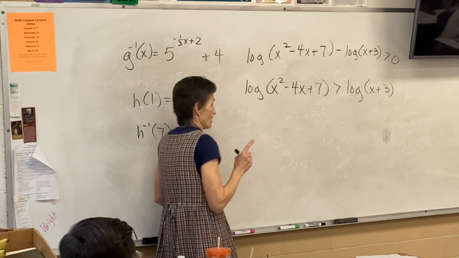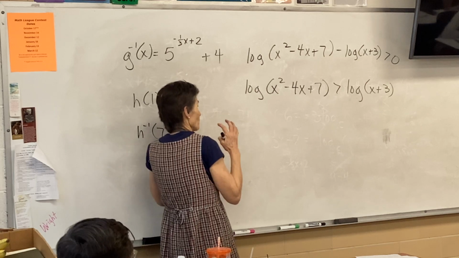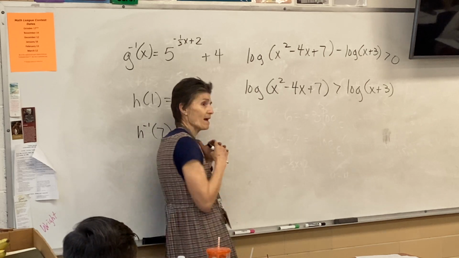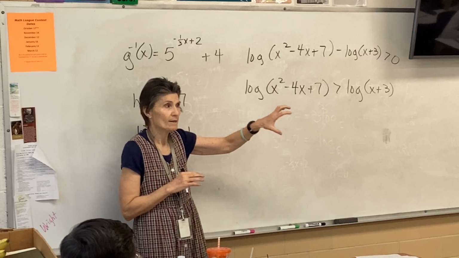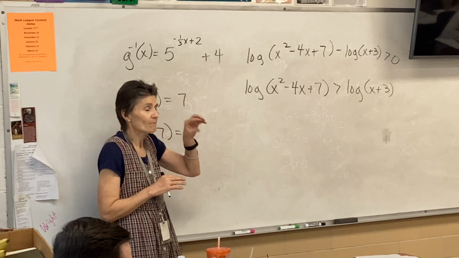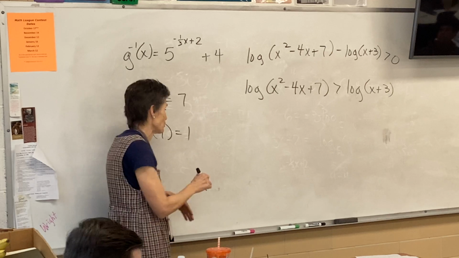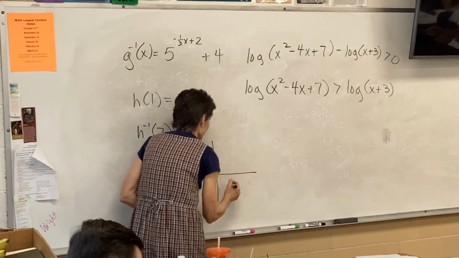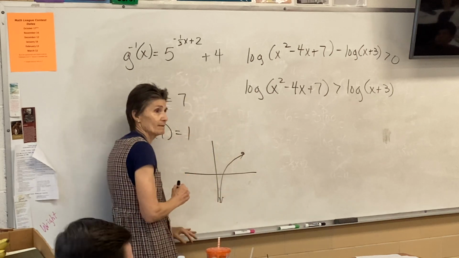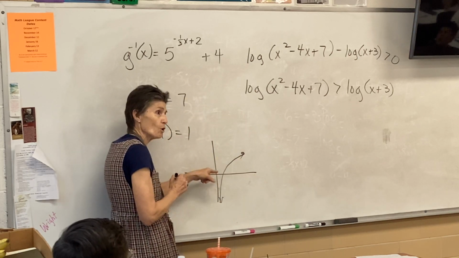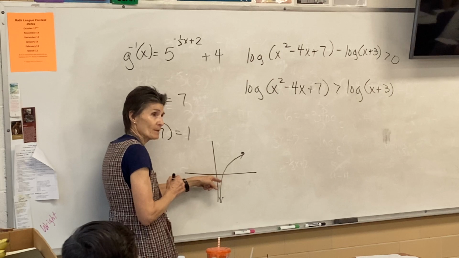Before we do that, though, I need to stop and remember that logarithms have domain issues. And some of you are really struggling with this in the homework. Logarithms have domain issues by their very nature. The picture of the logarithmic function is this. What is the domain of a logarithm?